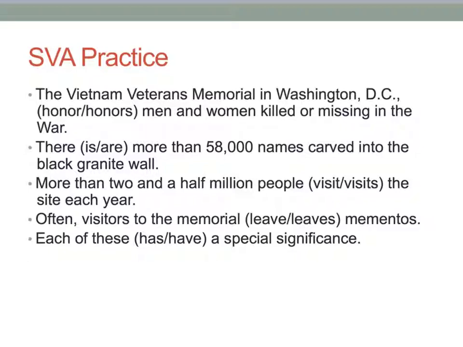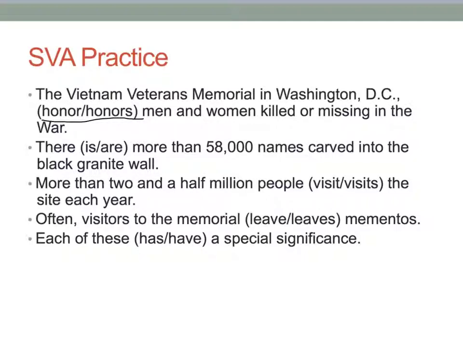In this first instance, the Vietnam Veterans Memorial in Washington, D.C. either honor or honors men and women killed or missing in the war. So let's take a look first here at the verb. So the verb is of course going to be one of these two, either honor or honors. So we have to figure out what the subject is to decide which one we want.